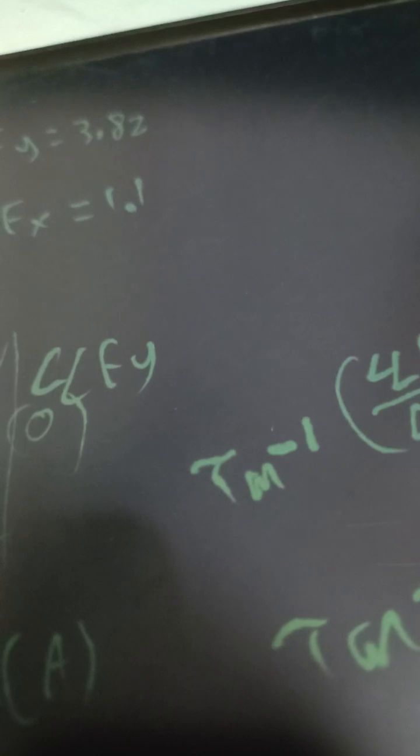Now with this answer, this tan minus 1, 3.82 divided by 1.1 is 3.47.